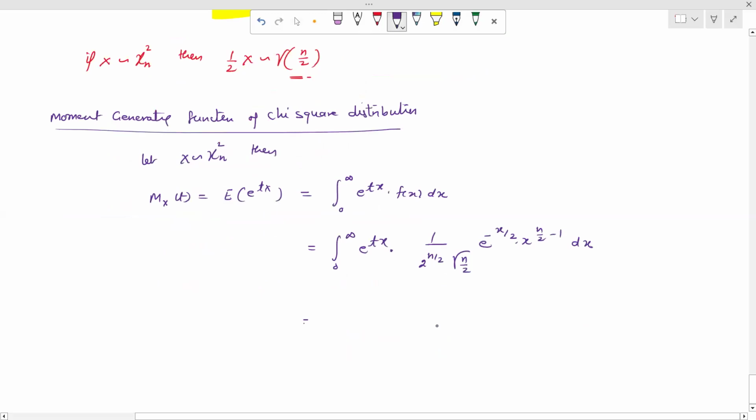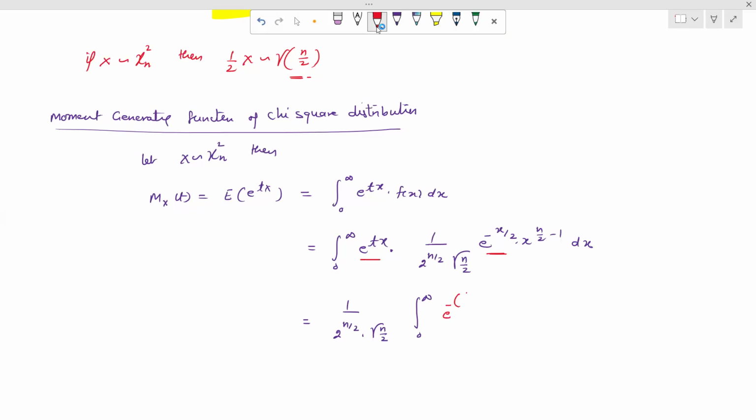For evaluating it, we take the constants outside the integration: 2 raised to the power n by 2 is a constant, and gamma n by 2 is also a constant. Now we write the integration from 0 to infinity. We have two terms, e raised to the power tx and e raised to the power minus x upon 2. When the base is the same, we take e raised to the power minus common. So this gives us e raised to the power minus (1 by 2 minus t) into x.